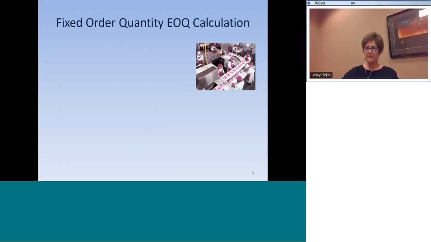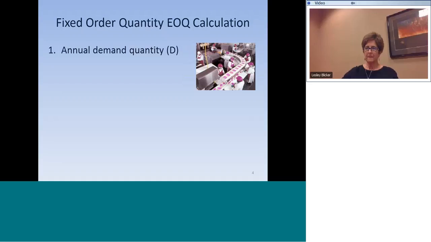With the fixed order quantity inventory system, we can calculate the very best order size, which is our economic order quantity. The information that we need to do this consists of, well, first we need to know the annual demand quantity, represented as D. We're assuming that there is a regular, consistent usage of this inventory item over the course of the year, and that we're able to calculate the annual demand for the item.